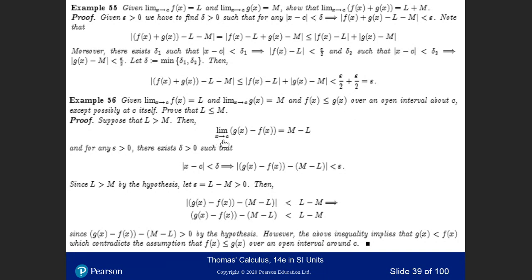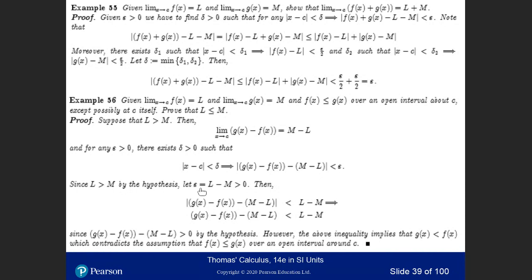And consider the limit as x goes to c of g of x minus f of x, which is M minus L. Okay, we assume first that L is greater than M, and for epsilon, I give L minus M. Now, g of x minus f of x minus the quantity M minus L, because this is the difference of the limits, by the limit rules, the limit of g of x minus f of x is M minus L. I want this to be less than epsilon.